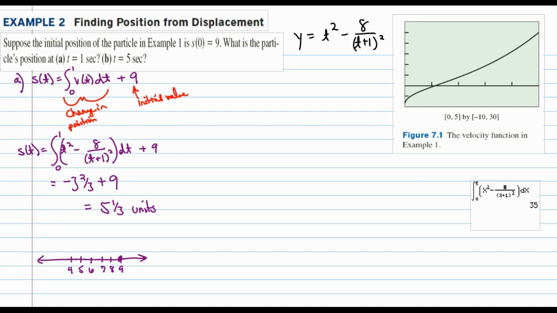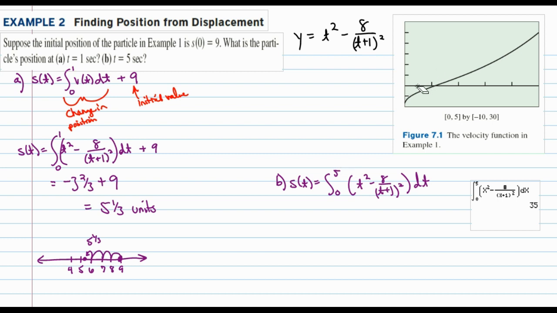Basically what happened was this particle started out at 9 units, and then according to this change in position, it went backwards 3 2/3 units and landed at 5 1/3 units. So that's where it is at 1 second. Now part B asks, what about t equals 5 seconds? Alright, so I'll just reset that up for 0 to 5 seconds.